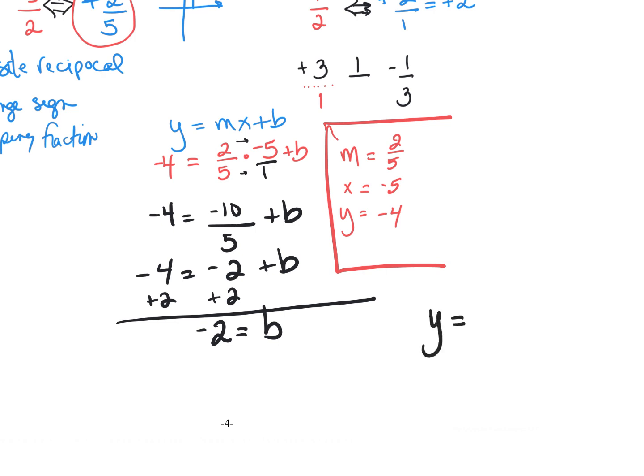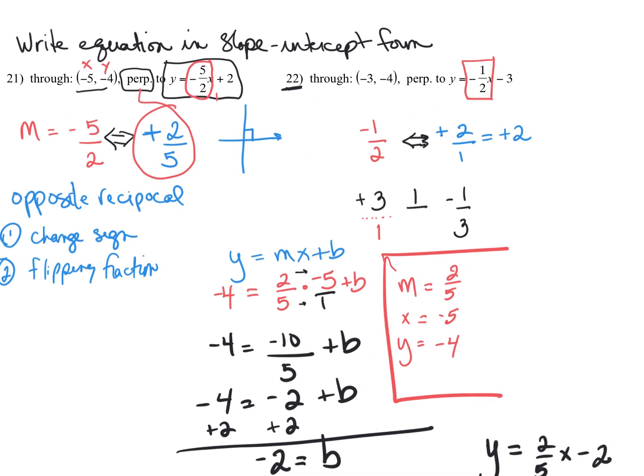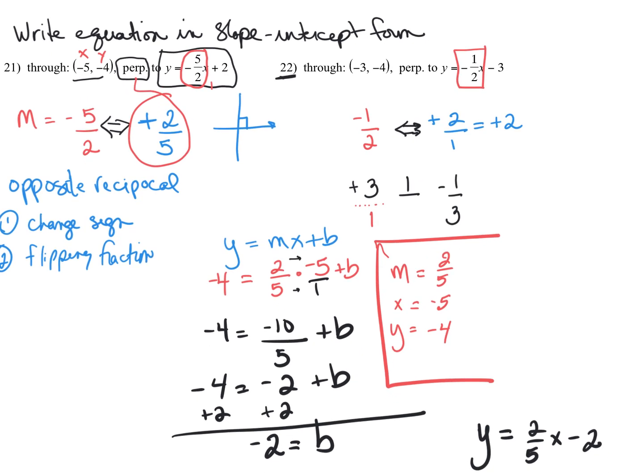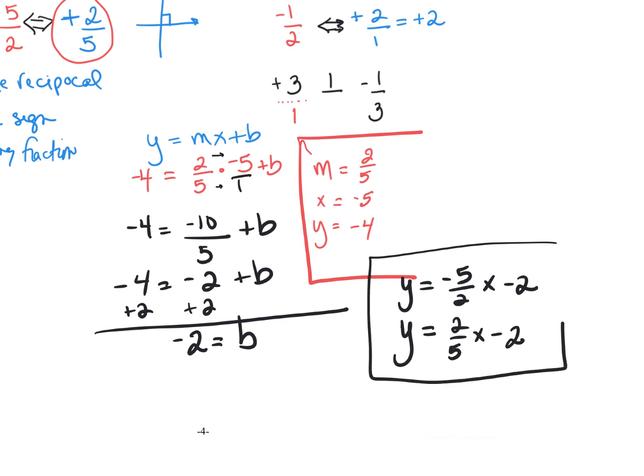So the equation of my line is y equals 2/5 x minus 2. Now let's take a look at the equation we were originally given, y equals -5/2 x plus 2.